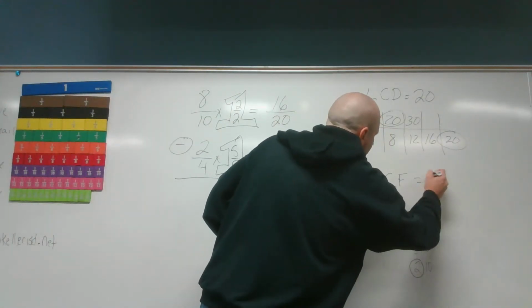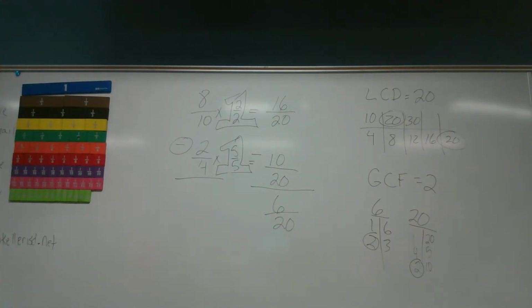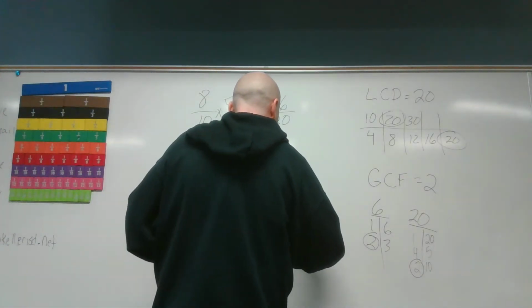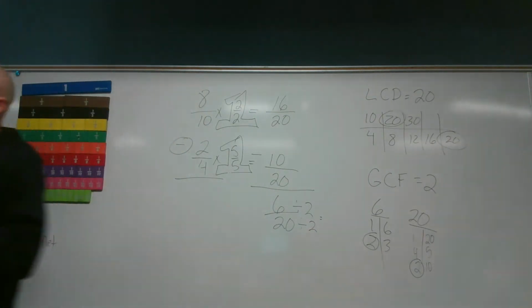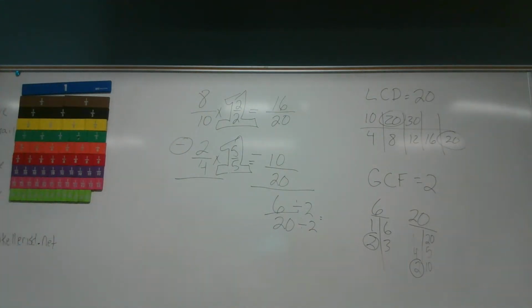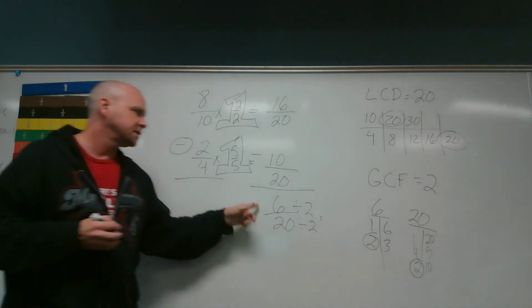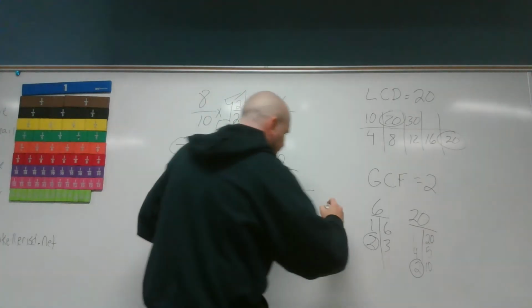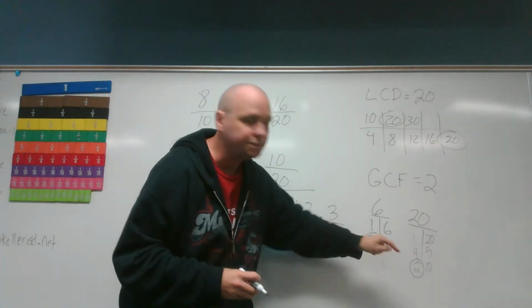Now, once I know my greatest common factor equals 2, I divide both my numerator and denominator by 2. So, JJ, 6 divided by 2 equals? 3. 6 divided by 2 equals 3.